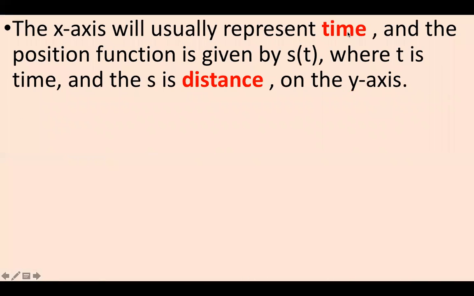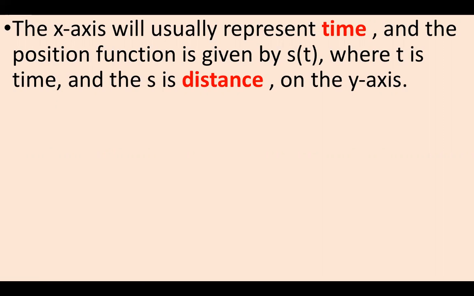And again, if you need me to slow down, if you're writing this, let me know, and just use the chat there. Okay, so usually the x-axis is always going to be time. And usually it's going to be given by a position function. It's funny, but even in the AP exam, when they're talking about a position or distance function, they're going to use s, like s of t.